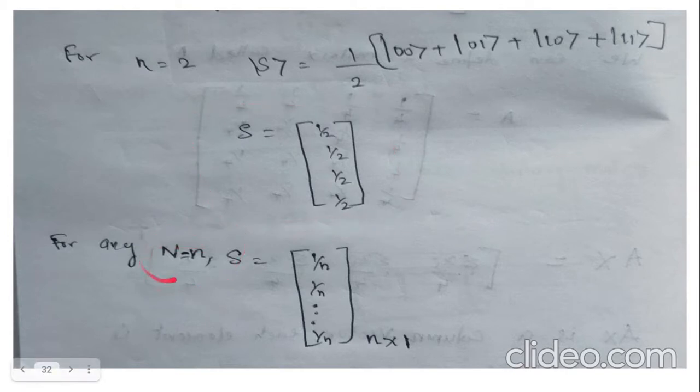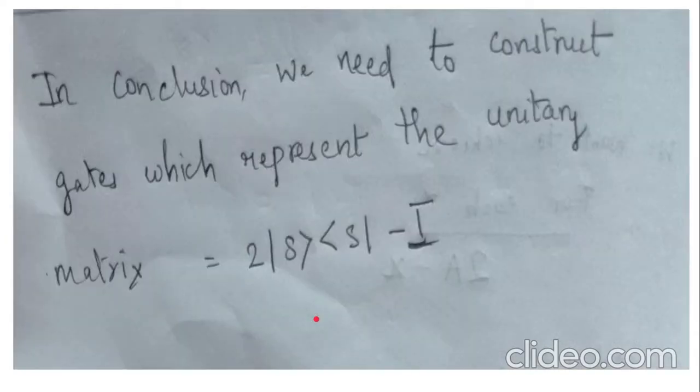For any n, the superposition state would be an N cross 1 column vector where each element is 1 by root N. So in conclusion, we wanted to implement the operator 2A minus I, but we found that A is nothing but ket S times bra S. So we want to implement our operator 2 ket S bra S minus I. So we want quantum gates which represent this unitary matrix.